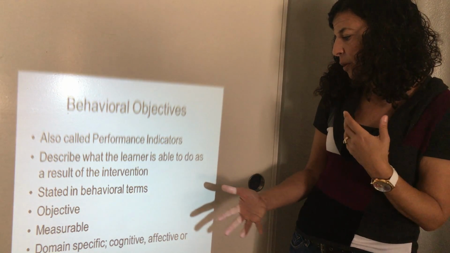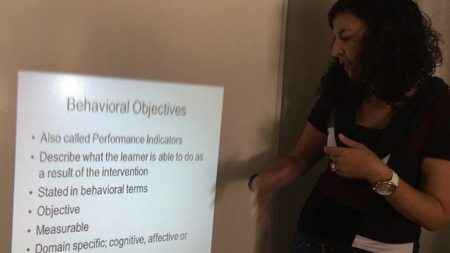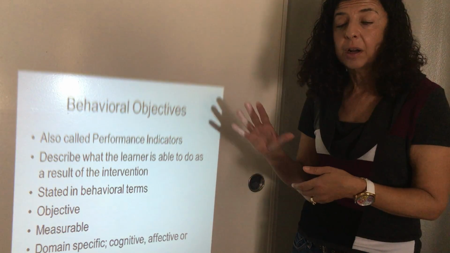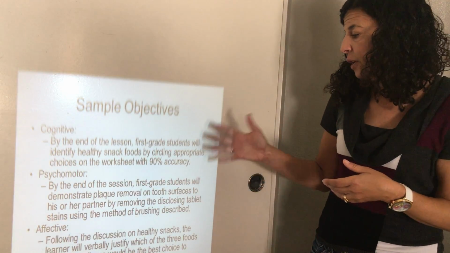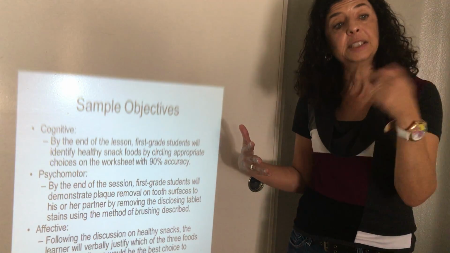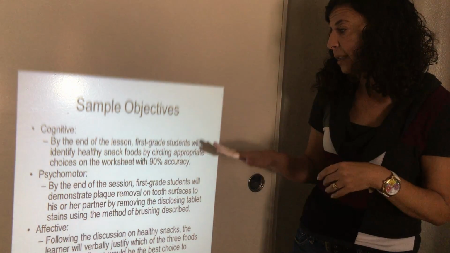It needs to be measurable. And you need to state specific cognitive, affective, or psychomotor skills that will be acquired and implemented as a result of your intervention. Here are a few examples of behavioral objectives, and these are also in your book and in the additional slides.